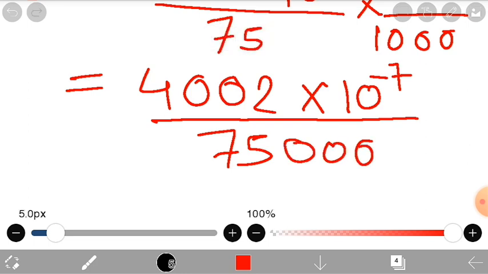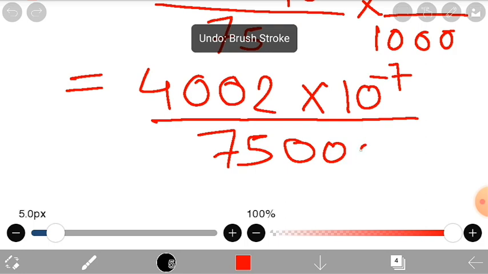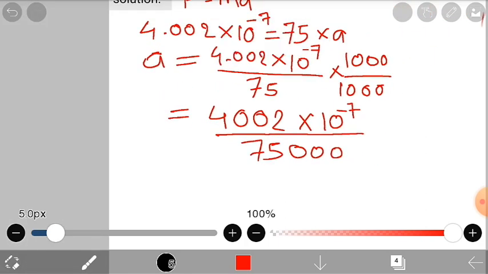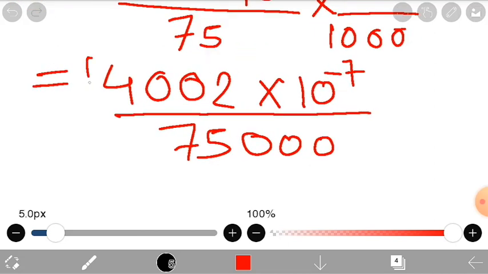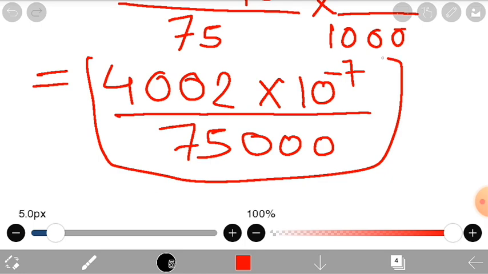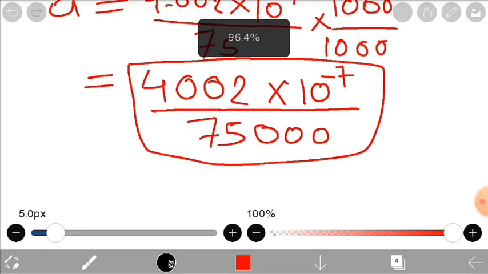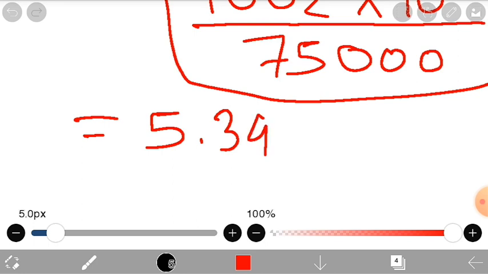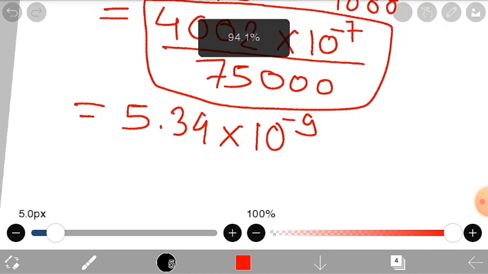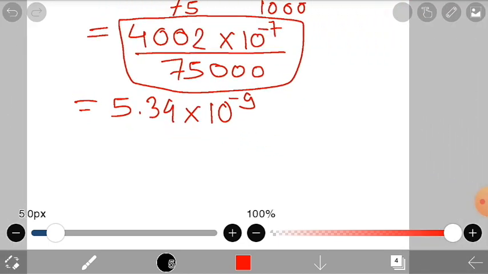So when we solve this, or when we calculate all of this, we will get 5.34 into 10 raised to minus 9.